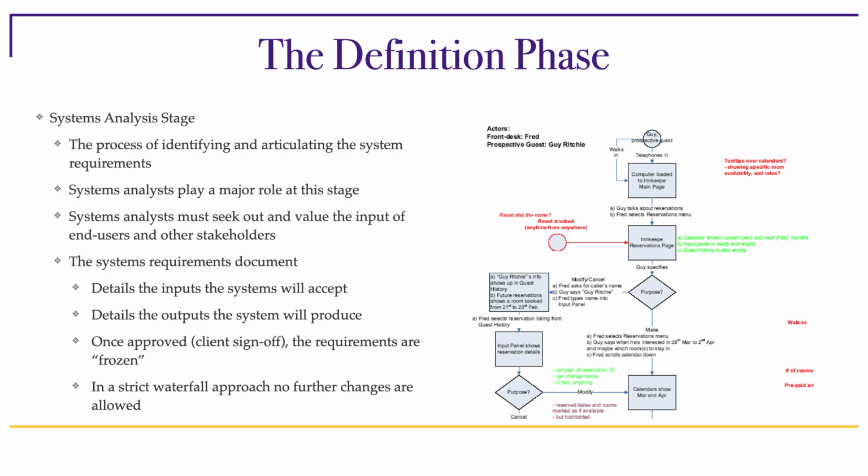There's a lot of iterative interaction between these individuals with the objective of surfacing, with as much precision as possible, all of the system requirements. So what is the system supposed to do? What are the inputs that the system will accept? What are the outputs that the system will produce? What do they look like in terms of user interface?